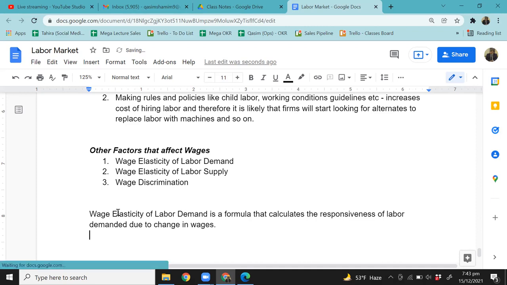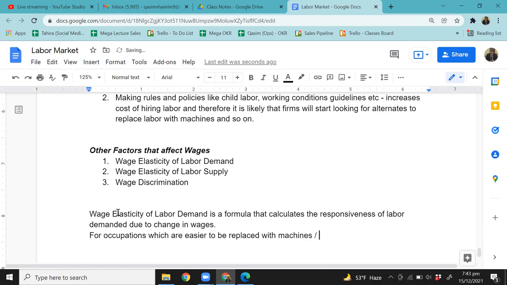Then occupations which are easier to be replaced with machines or technology will have more elastic demand, and vice versa, right? Does it make sense? We just talked about this, that occupations which can be more easily replaced with machines and technology will have more elastic demand.